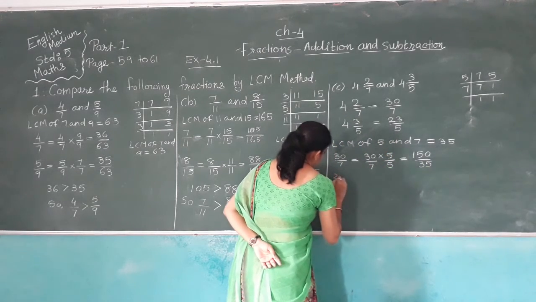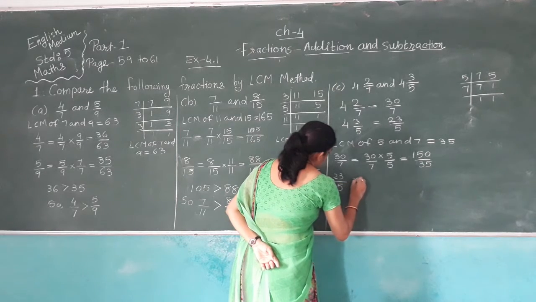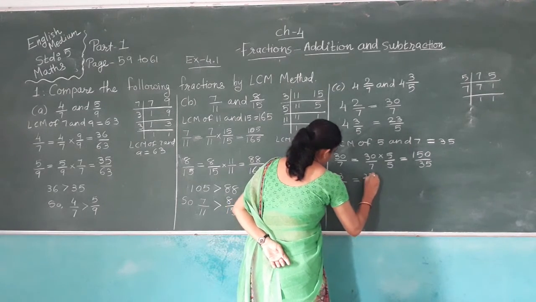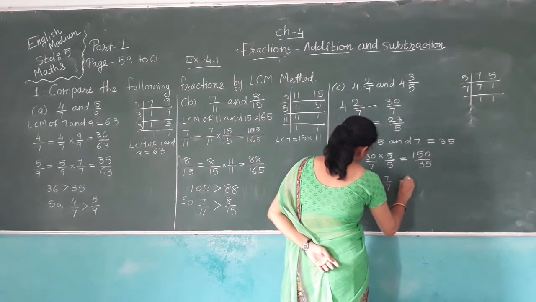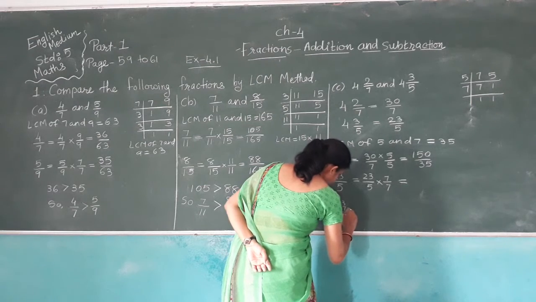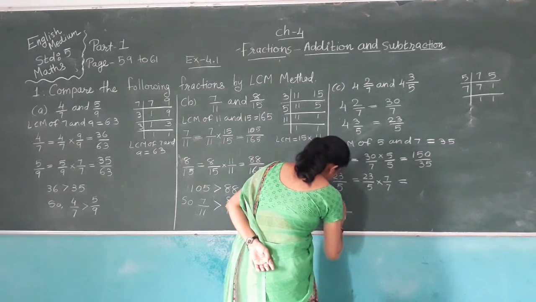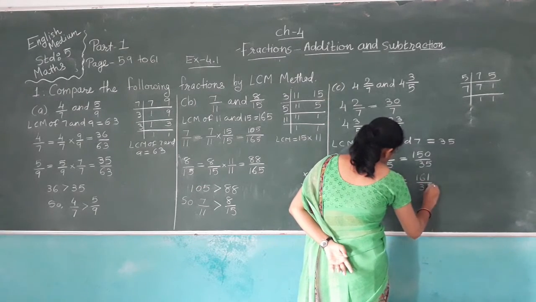Then 23 out of 5 is equal to 23 out of 5 multiplied by 7 out of 7. 23 multiplied by 7 is 161 out of 35.